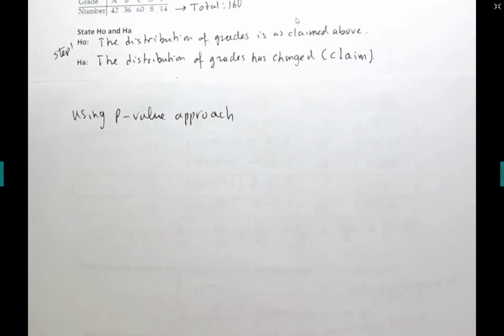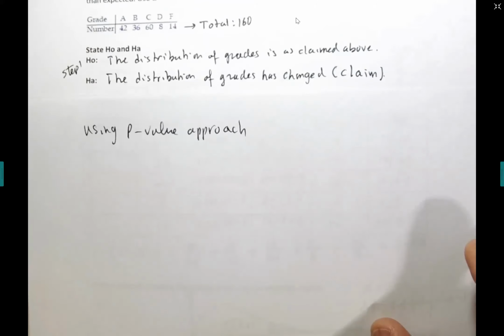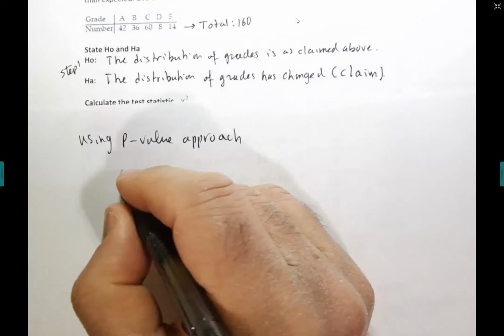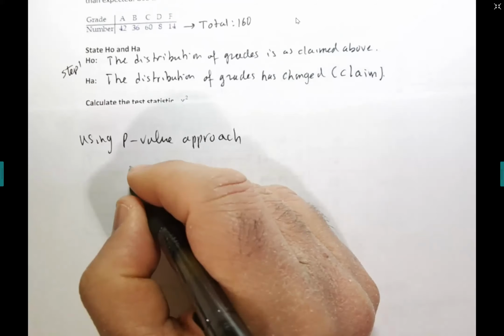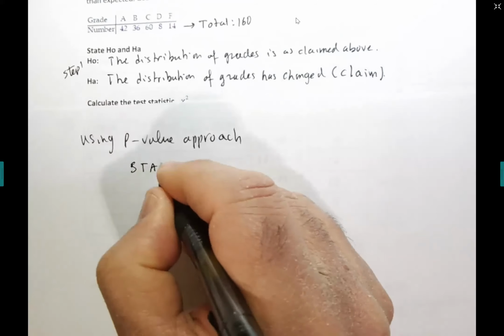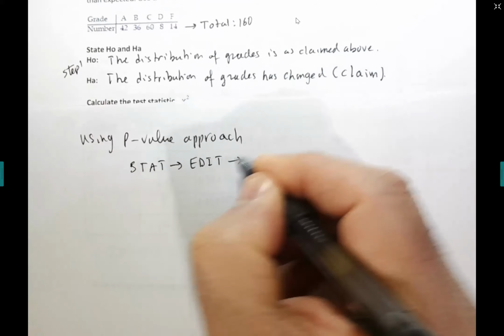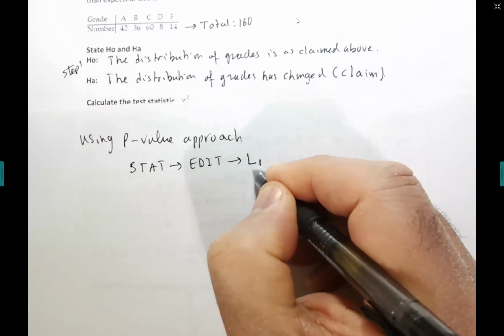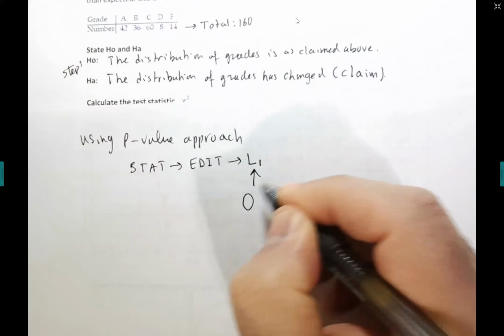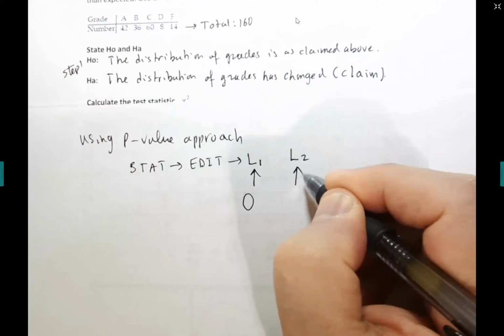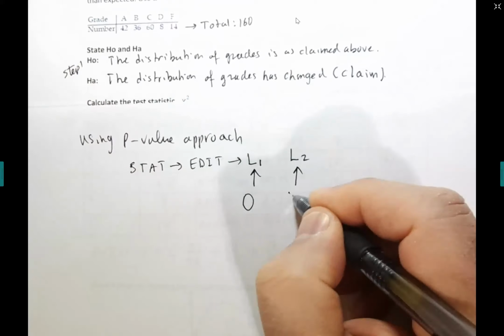Now, using the p-value, let's do it together, guys. We're gonna do this together. First of all, you're gonna go to stat, edit, and then you're gonna input the observed values in L1, and you're gonna put the expected values in L2.